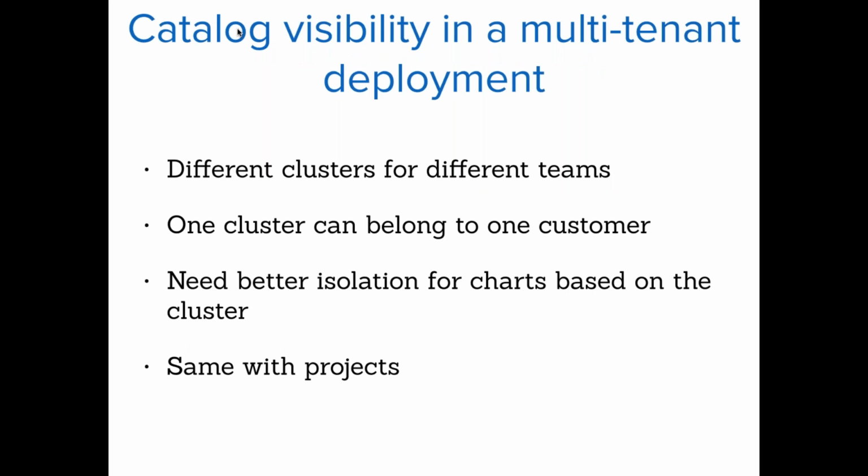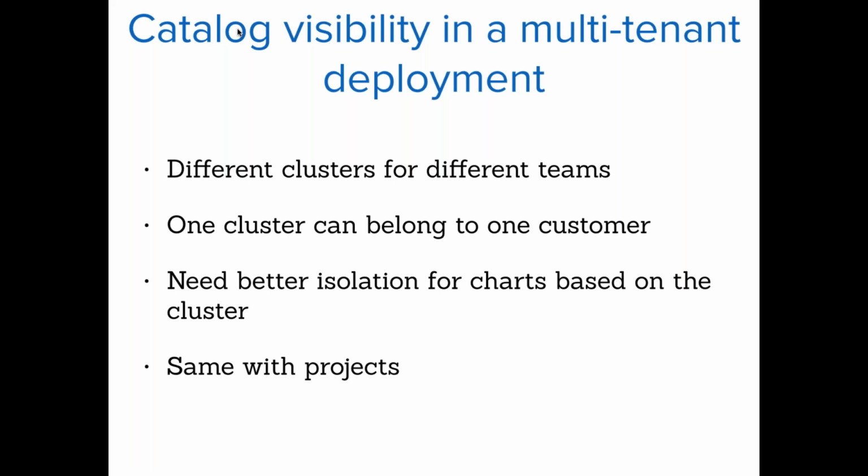Now, the issue with this was you could have a setup where one cluster is dedicated for a particular team. Let's say a cluster is dedicated for the dev team, and one cluster is dedicated for QA. In this case, you would like to have different charts available for these clusters. There are also some companies which like to dedicate a cluster to a certain customer.